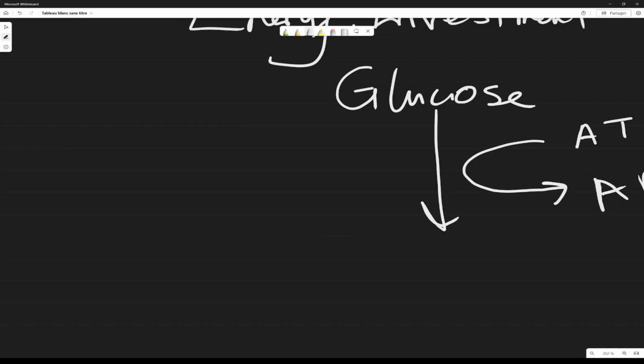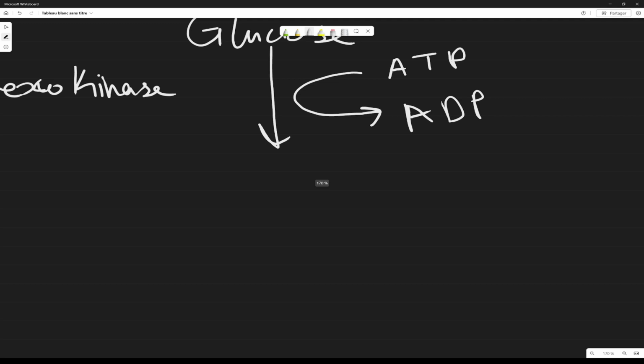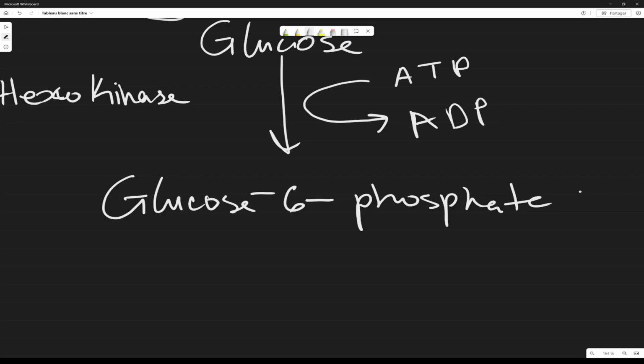And this normally happens in the presence of our enzyme hexokinase, and this produces glucose 6 phosphate. After this, all the other reactions really exist in a type of equilibrium.